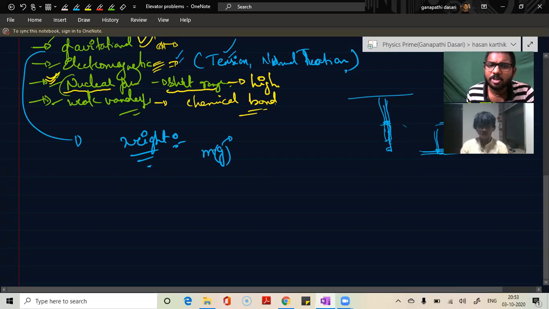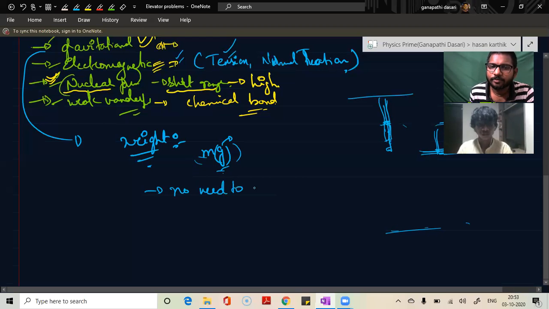In this topic we consider it to be constant, because we don't consider a lot of difference in heights. mg is a gravitational force, that is weight. And for this to happen, there need not be any contact between earth and the body.